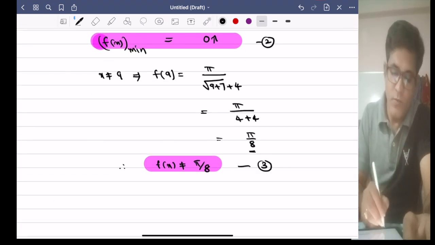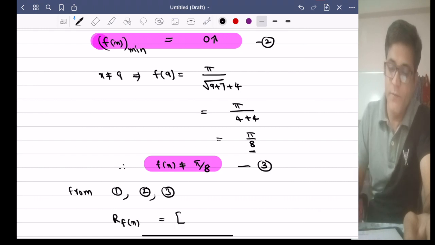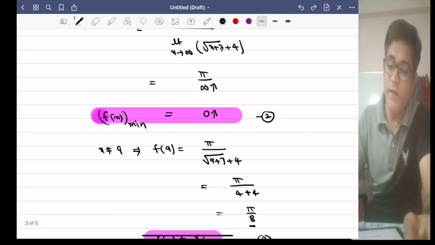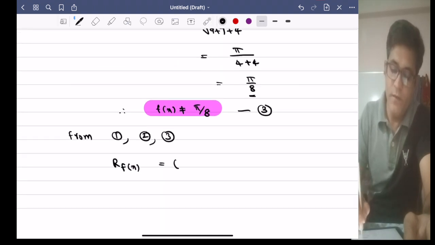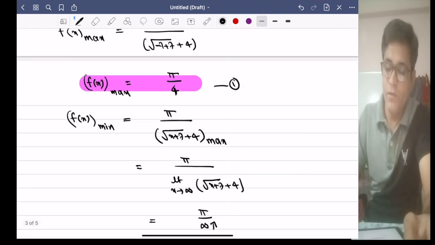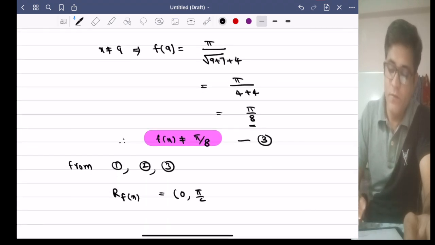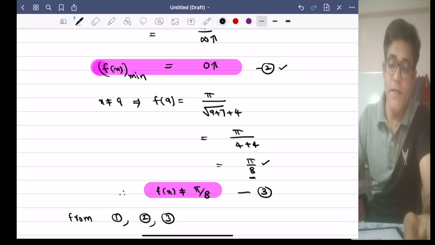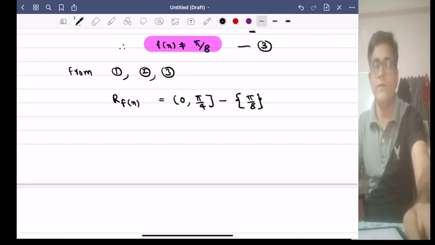So from 1, 2, 3, the range of the function f of x is, because it's a limit value, the minimum limit value, open 0 to pi by 4 closed, minus pi by 8, because pi by 8 is not allowed since x is not equal to 9. So this is the range of the function f of x.